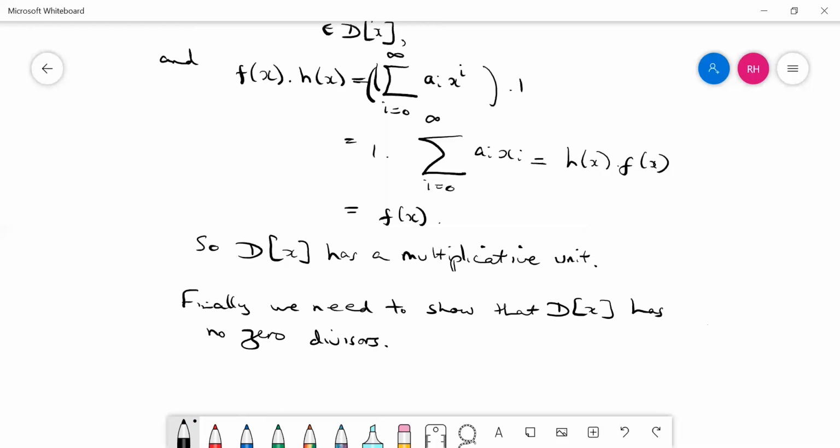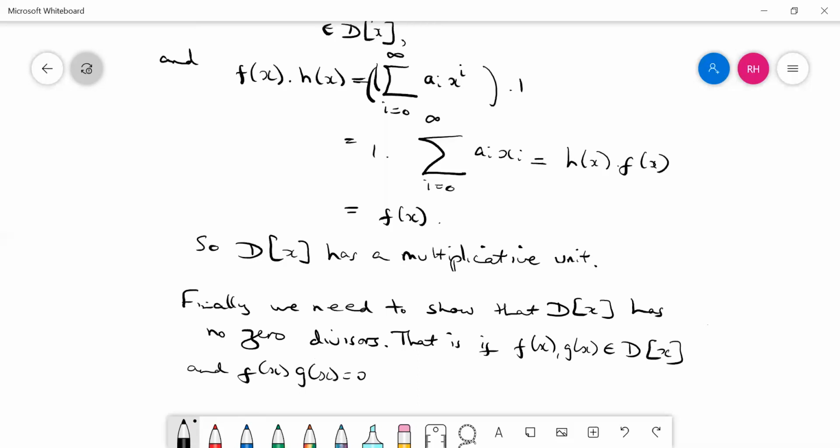So what does that actually mean? That is, if f(x) and g(x) are elements of this integral domain, and f(x) times g(x) equals 0, then either f(x) equals 0 or g(x) equals 0.